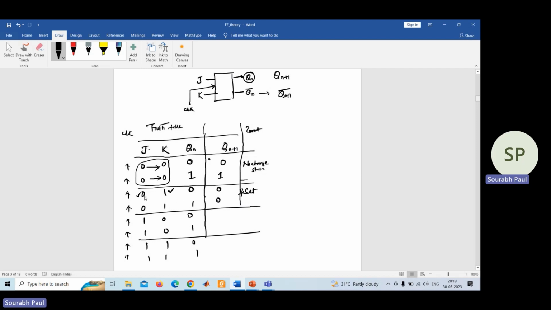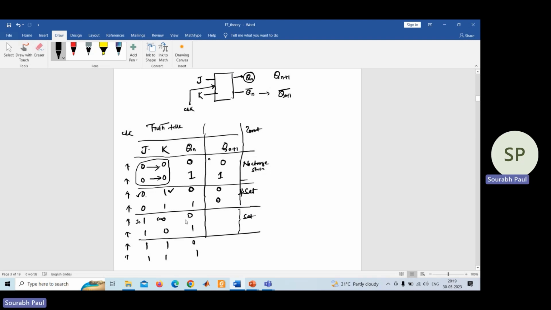Now check the next combination: J equal to 1 and K equal to 0. This particular combination is known as set state. What is set?